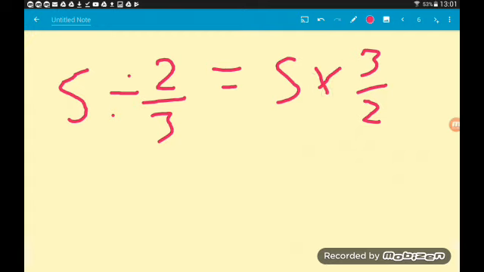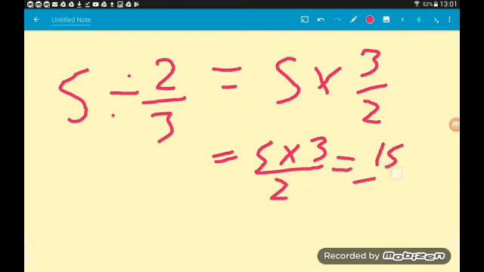So we get 5 times 3/2. Again, we're now multiplying by a fraction: 5 times 3 on top and 2 on the bottom. 5 times 3 is 15. We've got 15 halves. So 5 divided by 2/3 is 15 halves, which again is an improper fraction. We'll get onto those in a moment.